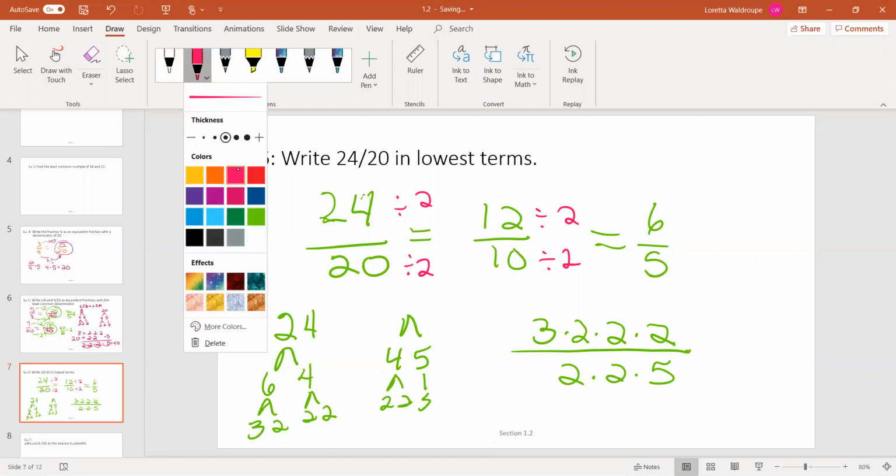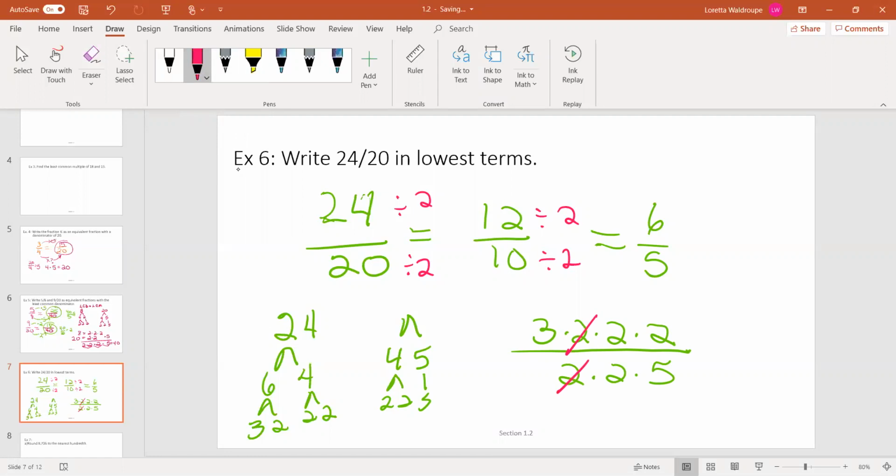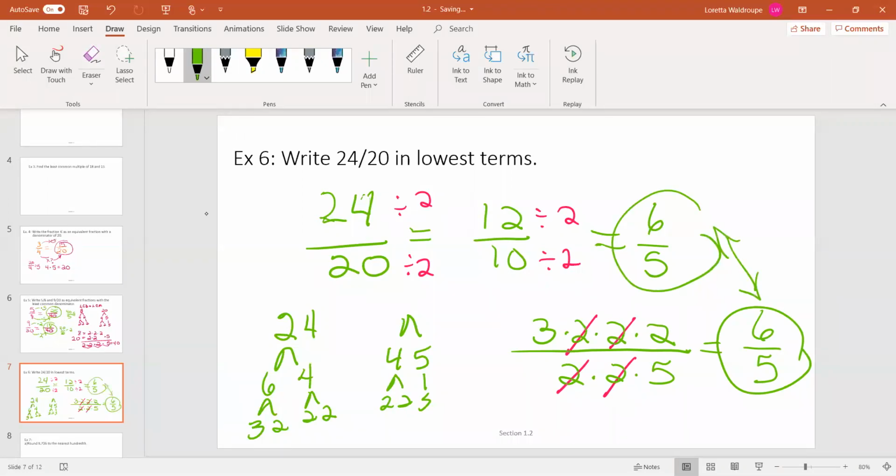Canceling your common factors. So I have a 2 in common from numerator to denominator only. So now on top I have 3 times 2, which is 6, and on the bottom I have a 5. Exact same answer no matter which way you do it.